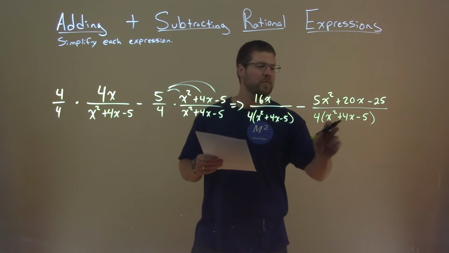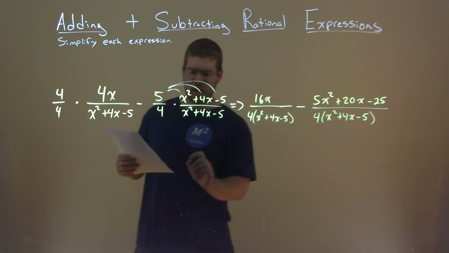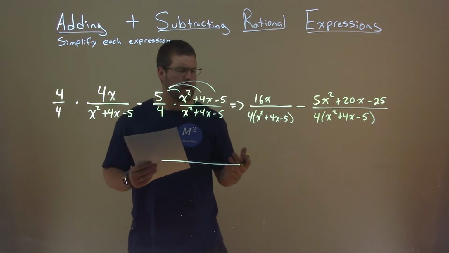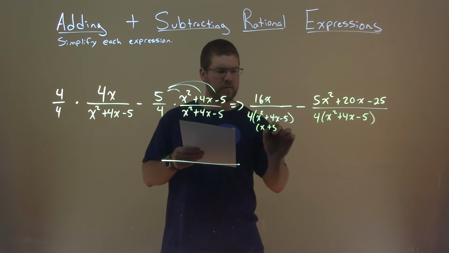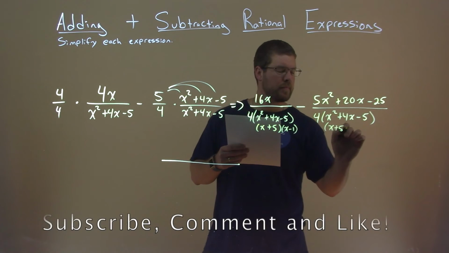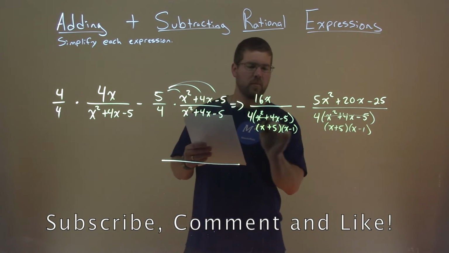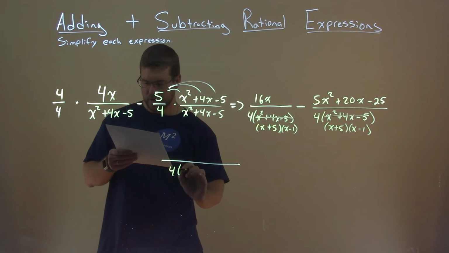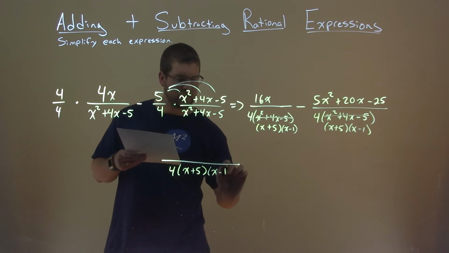Well, we now have the same denominator right there, 4 times x squared plus 4x minus 5, and so we can combine it as one fraction, or one common denominator. But notice that this actually factors out to be an x plus 5 times an x minus 1. So we'll use that as our new factored denominator. So we have 4 times x plus 5 times an x minus 1.